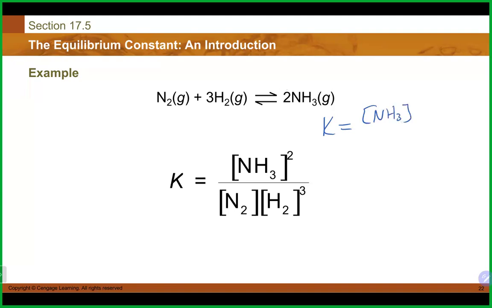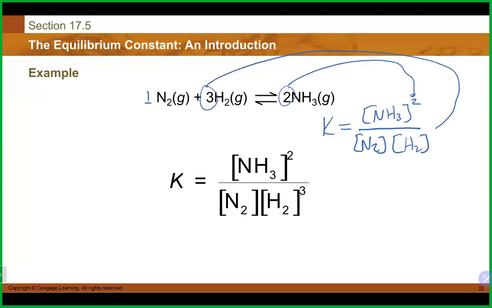So the concentration of NH3, because the coefficient is 2, we would have to square it, divided by the concentration of N2. Again, here the coefficient is 1, so we don't have to put anything on it. Times the concentration of H2, coefficient is 3, so we do have to cube it.